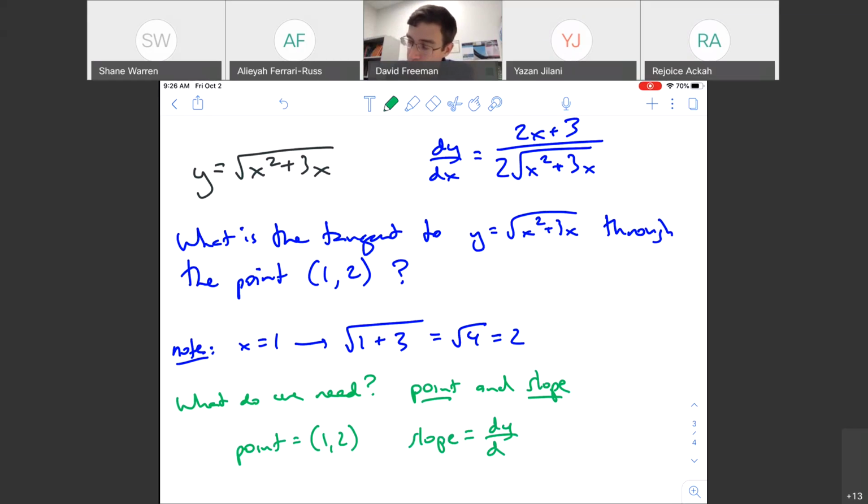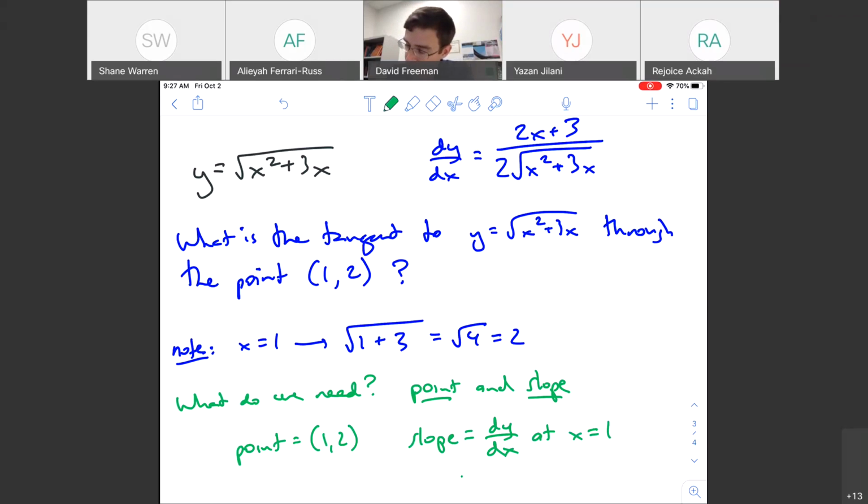And so it's equal to our derivative at, Izan is asking about this in the chat, but we actually don't care about the 2. That's the y coordinate. We plug in the x coordinate, right? At that x value, dy/dx gives us a formula for the slope of the graph at that x value.